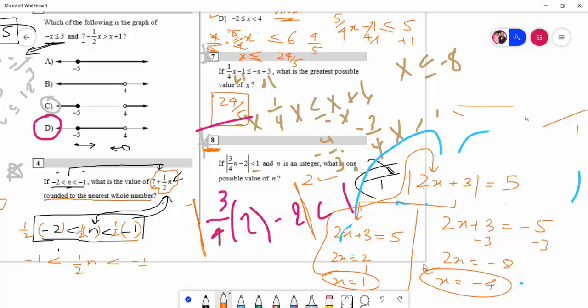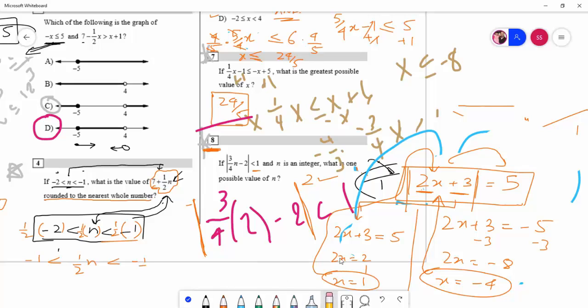Plug in x equals negative 4 and you will see it also works: 2 times negative 4 is negative 8, negative 8 plus 3 is negative 5, and the absolute value of negative 5 is 5. So x is 1 and x is negative 4. Right?